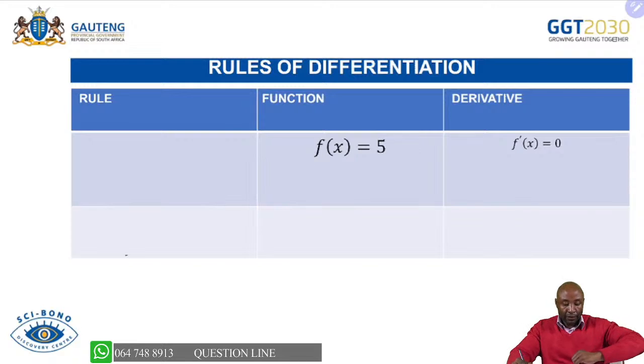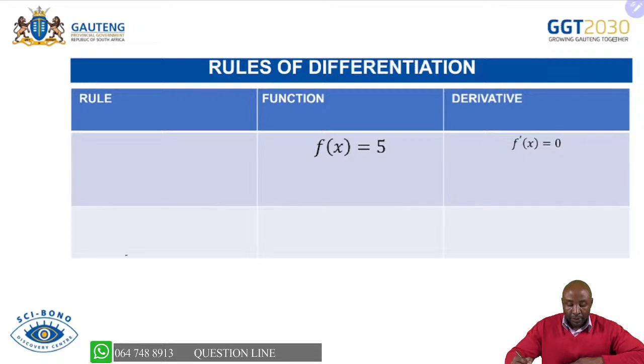Our function was f of x is equal to 5. The first one that we did, the derivative was f dash of x is equal to 0. Let's now find a way, in case a question did not say do it from first principles, of how we can find the derivative.